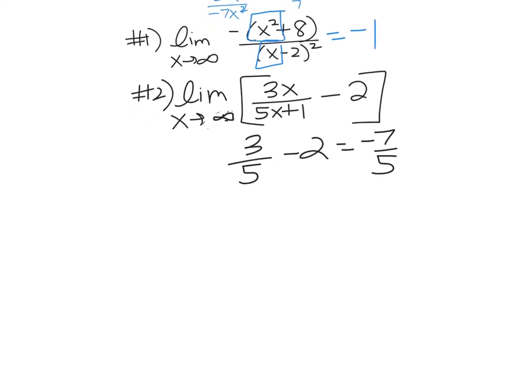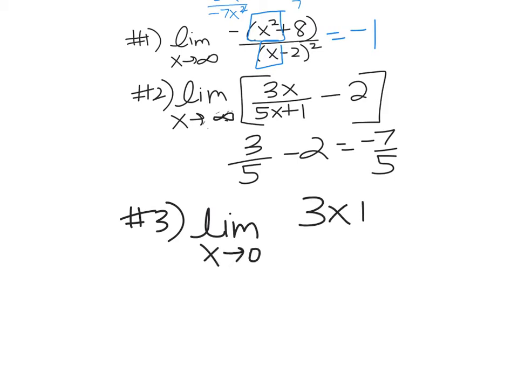Oh, then they're going to try and really mess with you here. They might throw one of these in. By they, I mean me. And they go like this. The limit as x goes to 0 for 3x plus 1 over 16x plus 2. Something like that. Okay? Now, look where we're going.